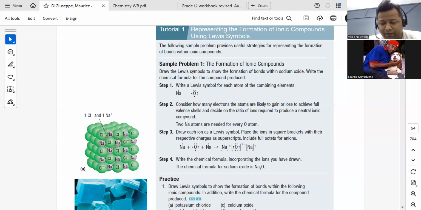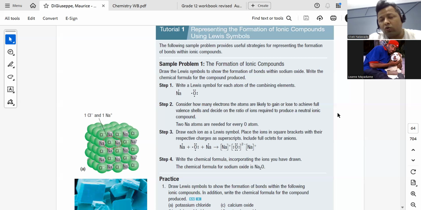It's through the group numbers from the periodic table. If we have group 1, you have one valence electron, group 2, two valence electrons, and then you don't have group 3, you have group 13.